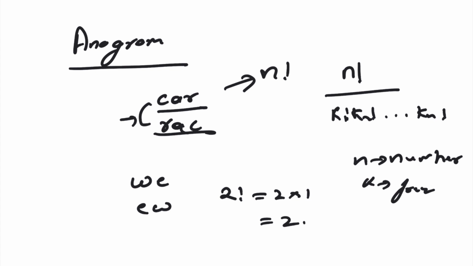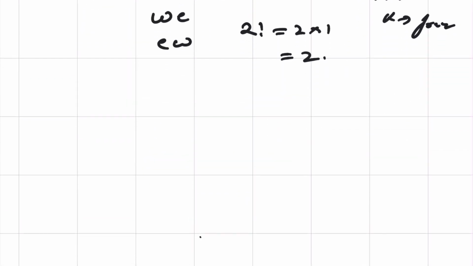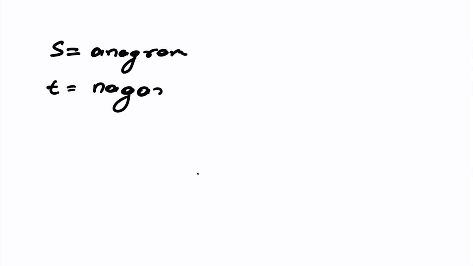So here, as the problem states, we will be given two strings. Let's try to solve it. Suppose we have a string S, let's take the string anagram itself, and T is, say, nagaram.